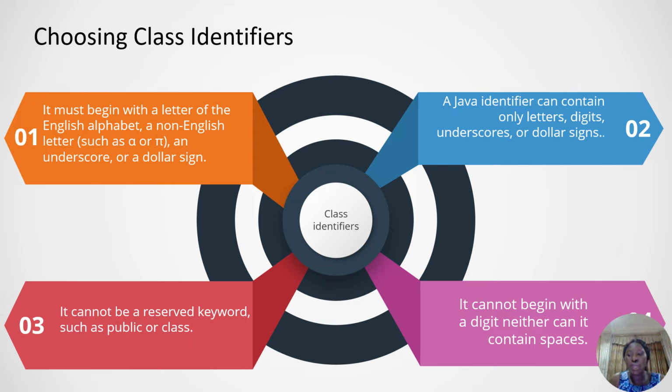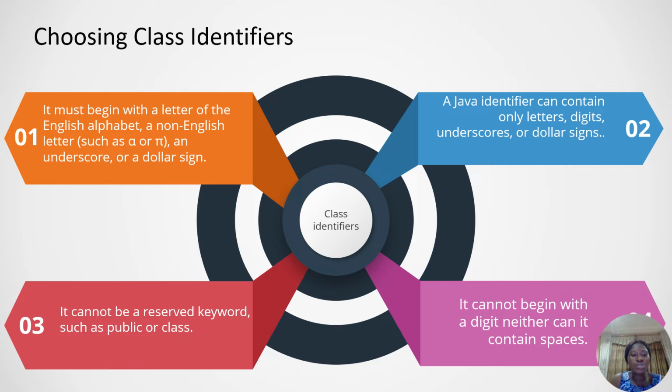So in order to choose a class identifier, the first thing you must bear in mind is the fact that it must begin with a letter of the English alphabet, a non-English letter such as alpha or pi, an underscore or a $ sign. Then secondly, your identifier can contain only letters, digits, underscores, or $ signs.